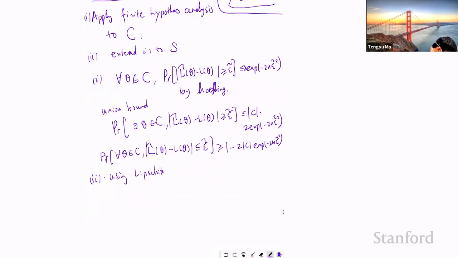Okay, so just for some quick preparation, because the loss on example x, as a function of theta, is kappa Lipschitz in theta, this implies that L theta and L hat theta are both kappa Lipschitz.